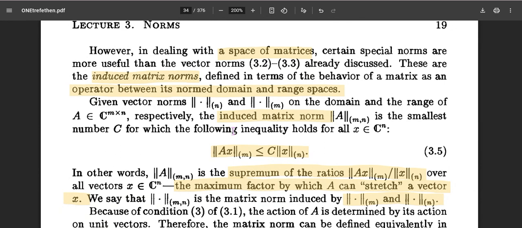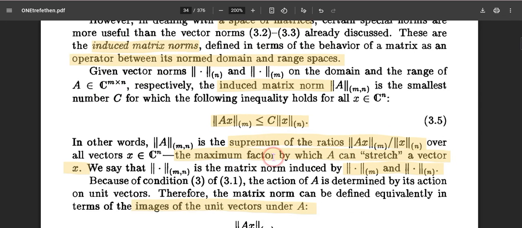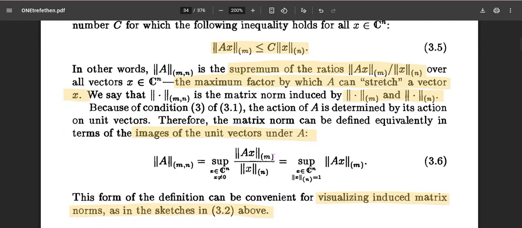For example, X is in the domain of matrix A, and when we multiply X, it ends up in the range of A. Taking the maximum of the ratio of the norm of AX to the norm of X gives the induced matrix norm.